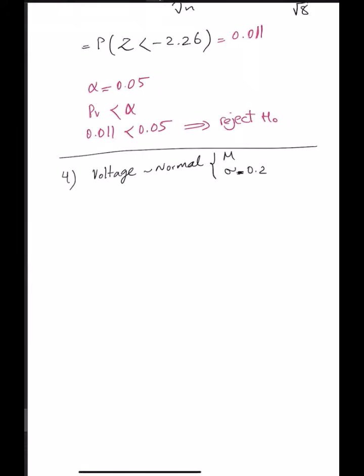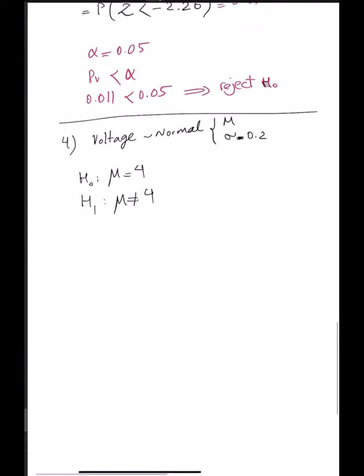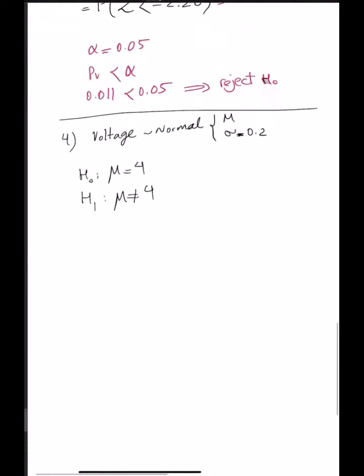The null hypothesis is that the average is equal to 4 volt, and the alternative hypothesis is that the average is not equal to 4 volt. And we want to calculate the probability of a type 2 error, given the fact that the true mean is 4.05. So we want to calculate the type 2 error, or beta.